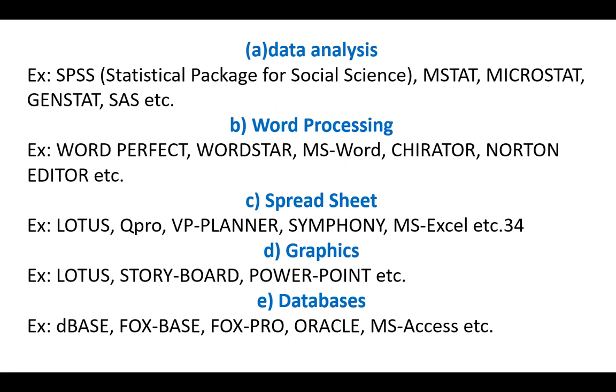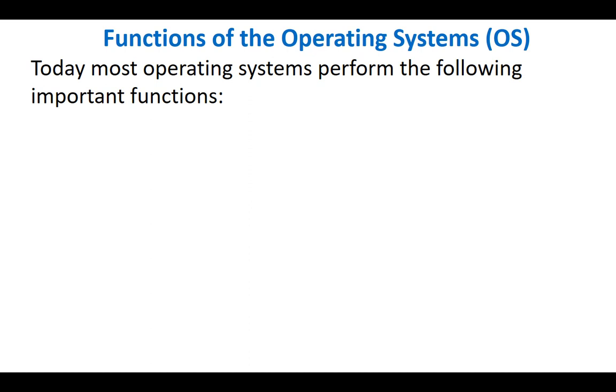It's very interesting. Okay, so let's look at the functions of the operating system. The operating system, as we earlier discussed, is just a platform where other applications or programs operate. It's also software, and without it, other programs cannot run on the computer.